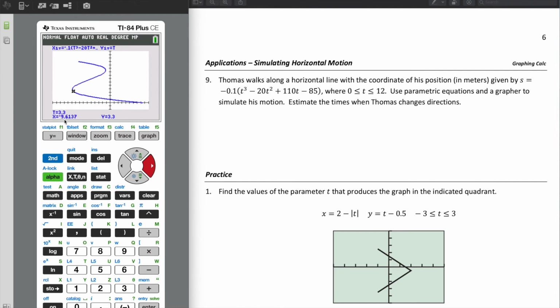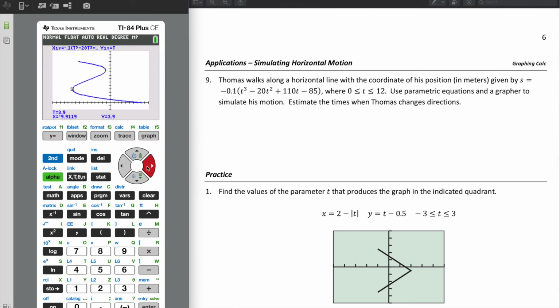So we can look at these x values and see at what point do they stop going left or negative, and do they start to get a little less negative. So here is 3.9, which is negative 9.91, and this is now less negative than that. So I'm pretty sure that at time 3.9, this person is changing directions.